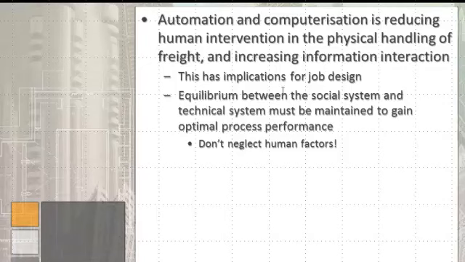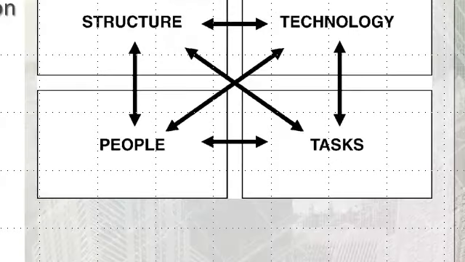And it also affects this other balance or equilibrium between the social systems and technological systems. Simply put, human beings are still important in the process. We sometimes exclude them from the process because we deem them to be inefficient.